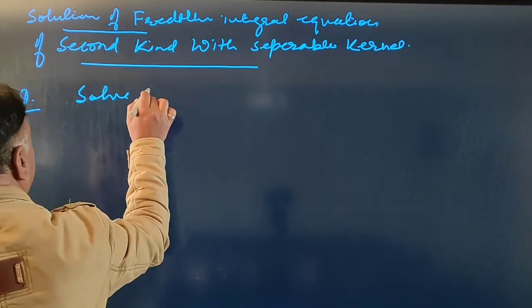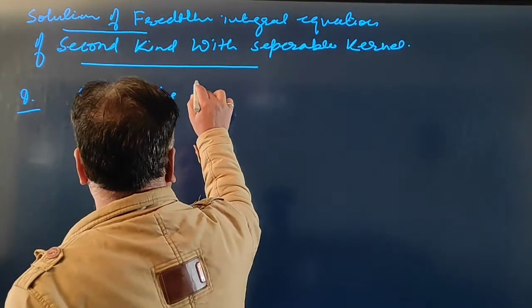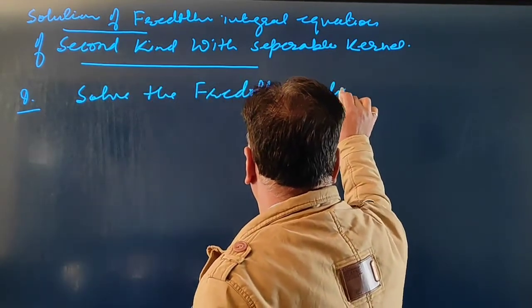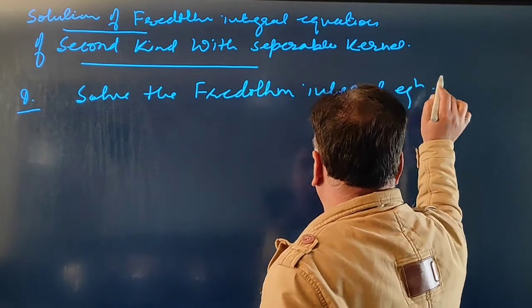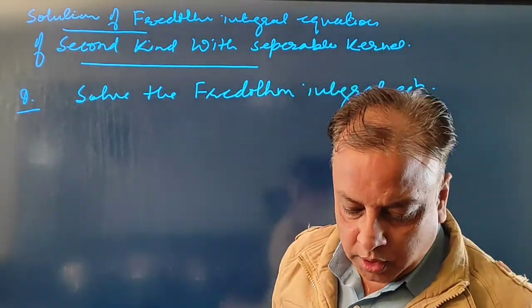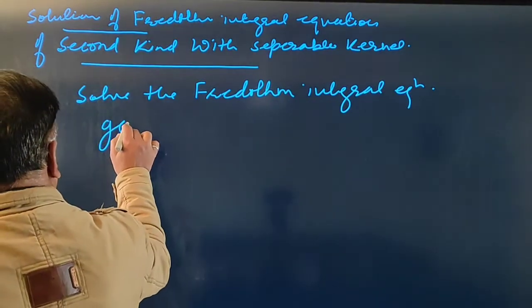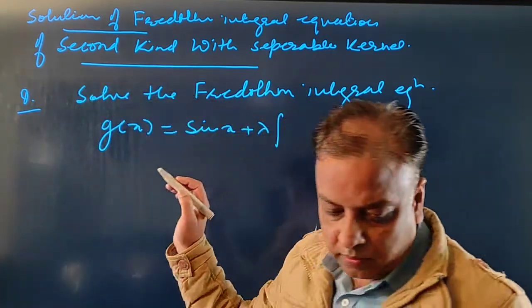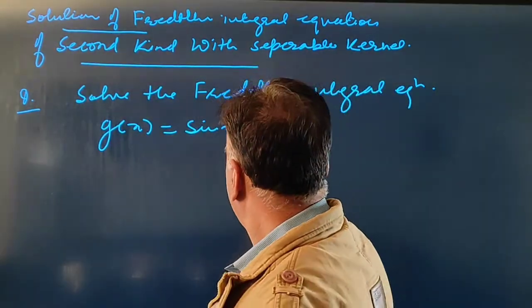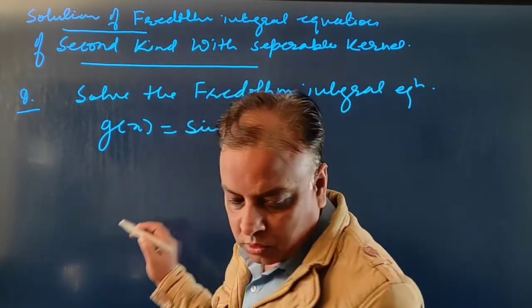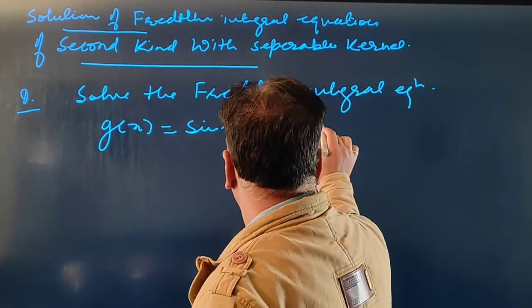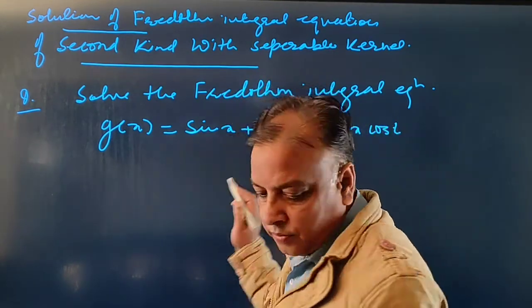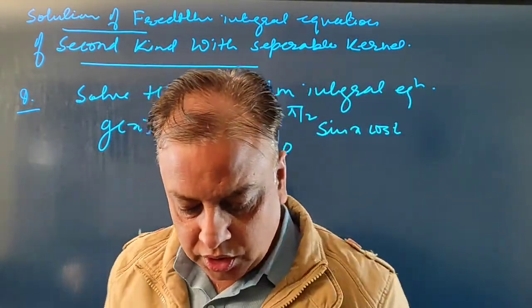Solve the Fredholm integral equation g(x) = sin x + lambda integral from 0 to pi by 2 of sin x cos t g(t) dt.